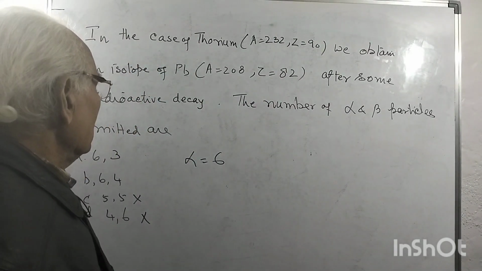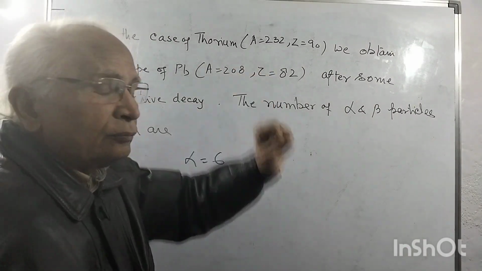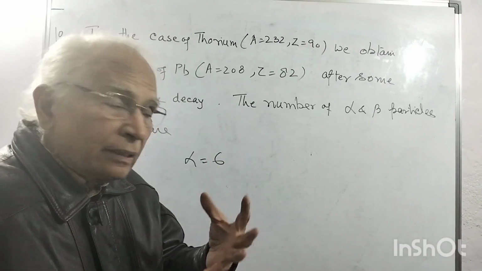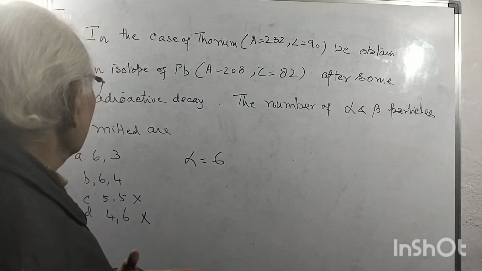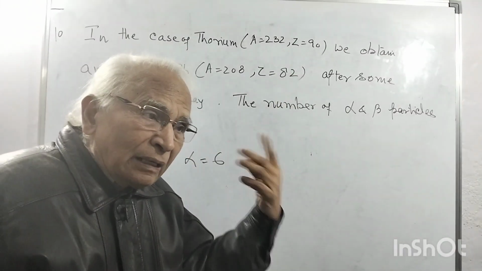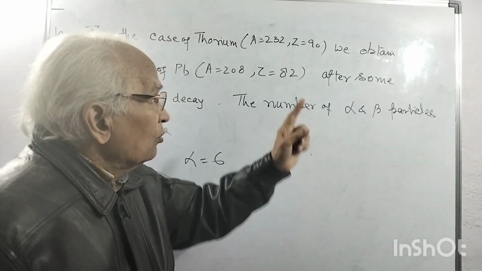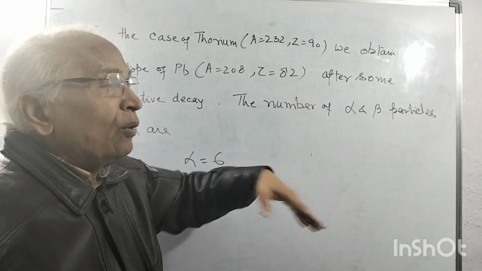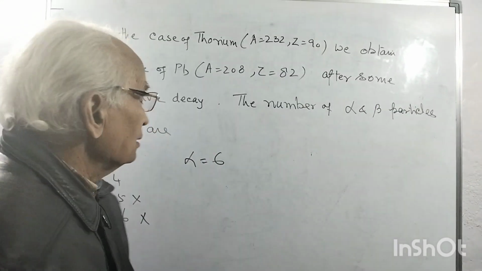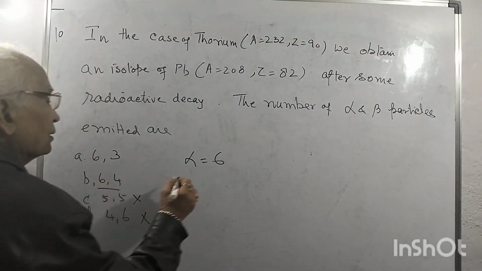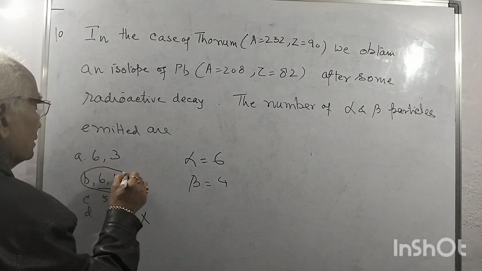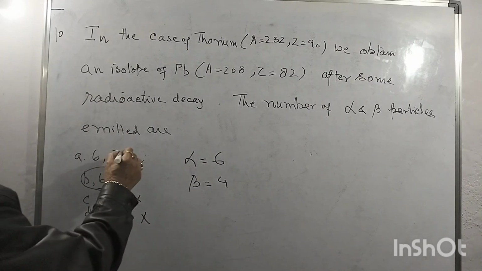Now the charge is actually 82. So 78 becomes 82. How? 4 charge. From 78, one beta particle emitted, one charge increases. 4 charge from 78 to 82 by emission of 4 beta particles. So beta particles are 4. So this answer is correct and not this.